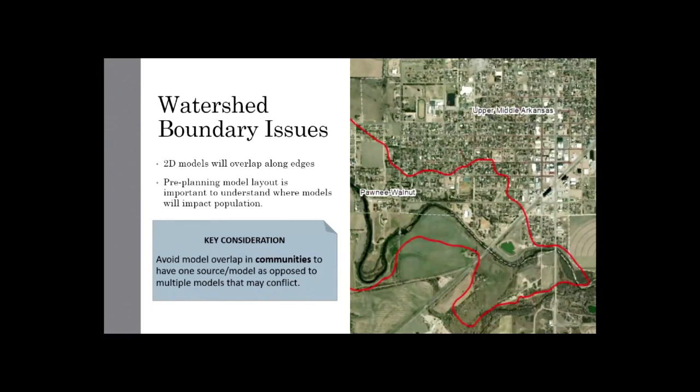But we were initially just doing it based off of watershed boundaries, but an important thing to consider is where there's population, because in areas of population, you really don't want a conflicting data source giving a different BFE. So you need to have that model be the authoritative model and avoid overlapping communities to prevent any kind of discrepancies.